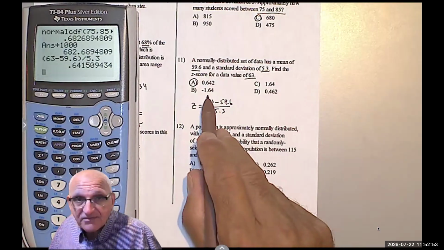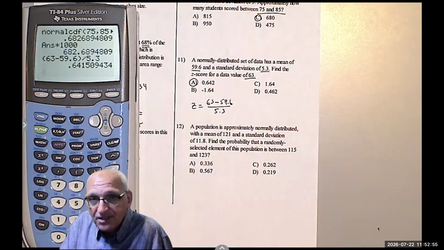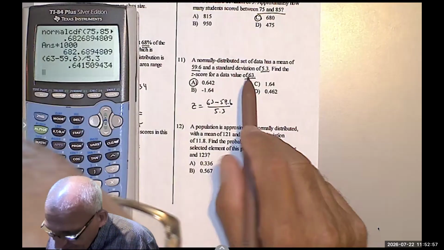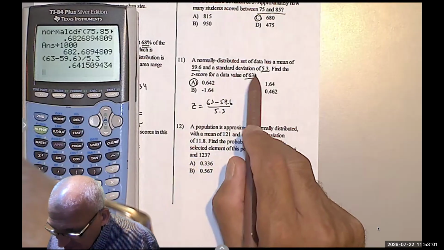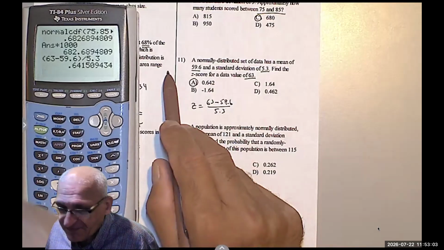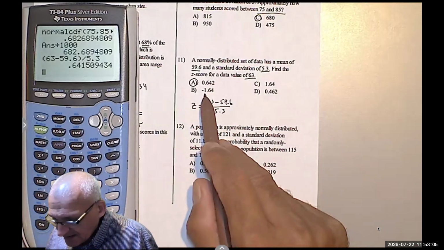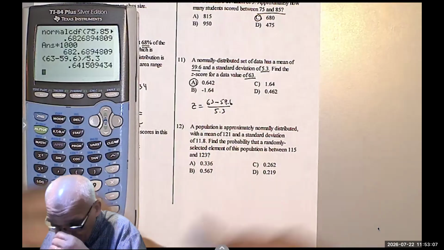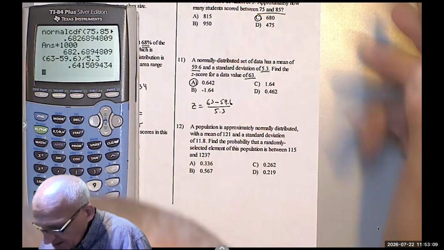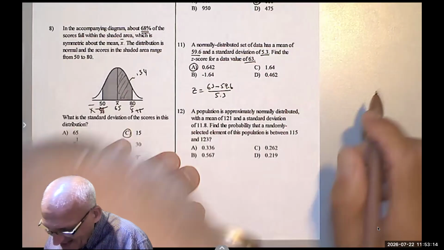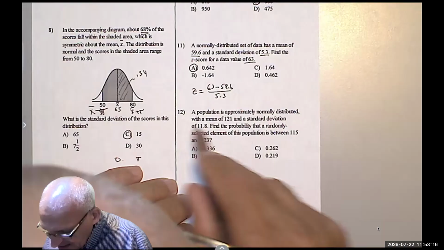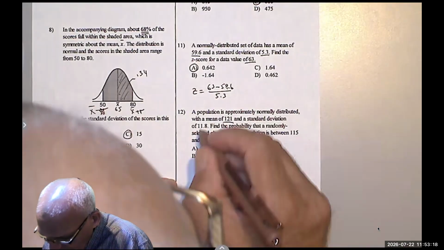Notice it cannot be negative here. It's negative if you are below the mean. If, instead of 63, it were for example 53 or 50, you may get that. So you can exclude this. But anyway, here they shuffle the numbers, but a population is approximately normally distributed with a mean of 121 and a standard deviation.